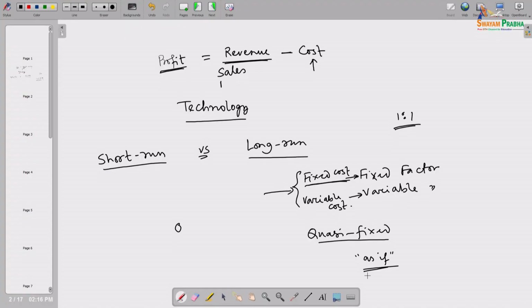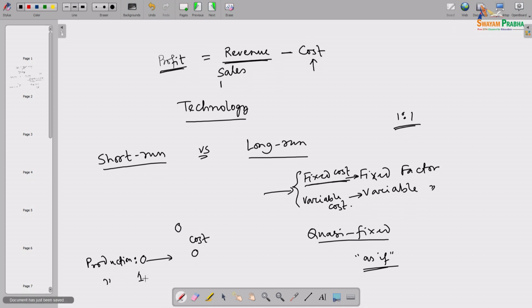But for a quasi fixed factor, the cost I have to incur is 0 so long as I am not producing anything. As soon as I start production of 1 unit, 2 units, 3 units, it does not matter. At 0 units of production quantity, the cost is 0.